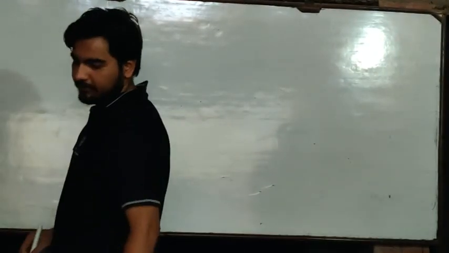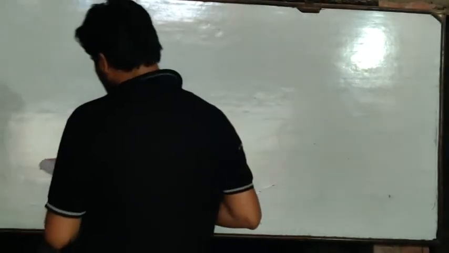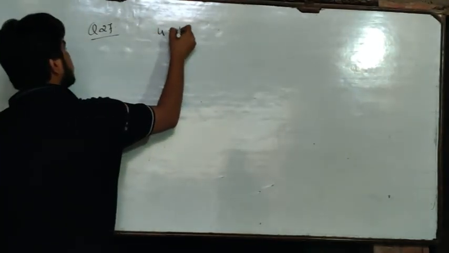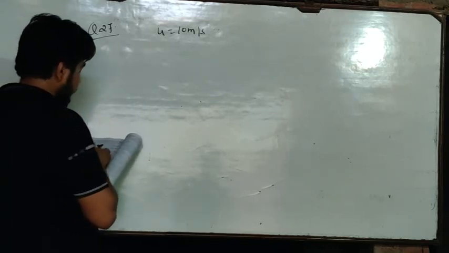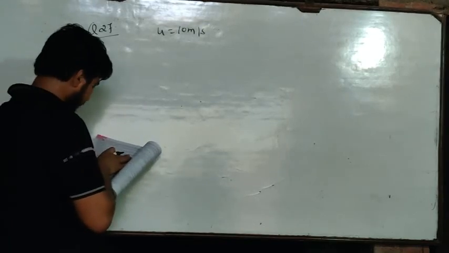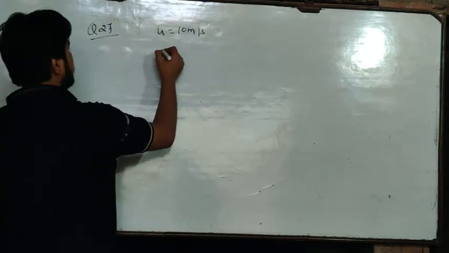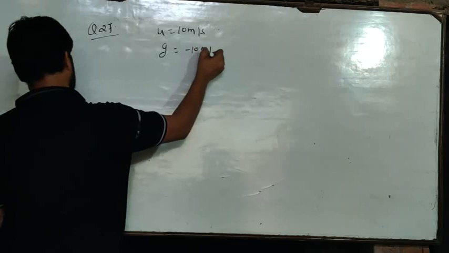Question number 27. A ball is thrown vertically upward with a velocity of 10 meter per second. U is equal to 10 meter per second upward. Calculate the height attained by the ball and the time taken by it to reach the highest point. The acceleration of the ball, g, is equal to minus 10 meter per second square.